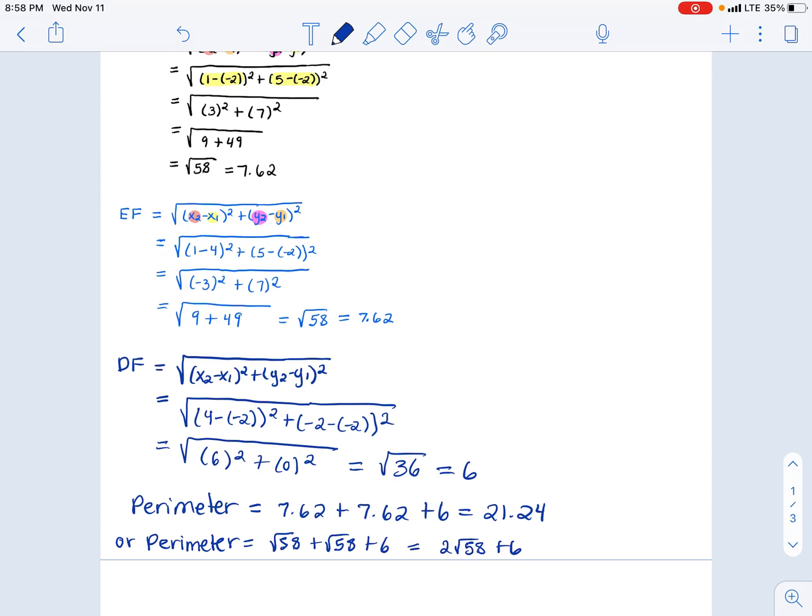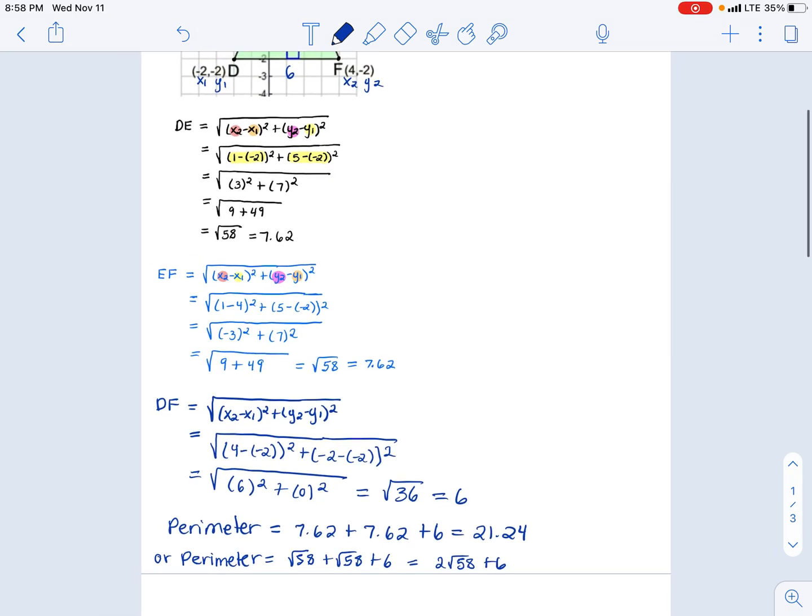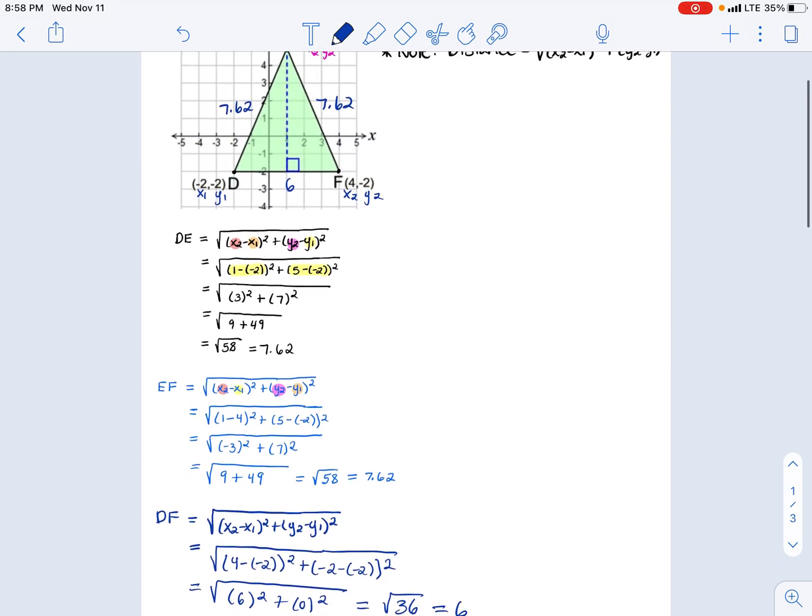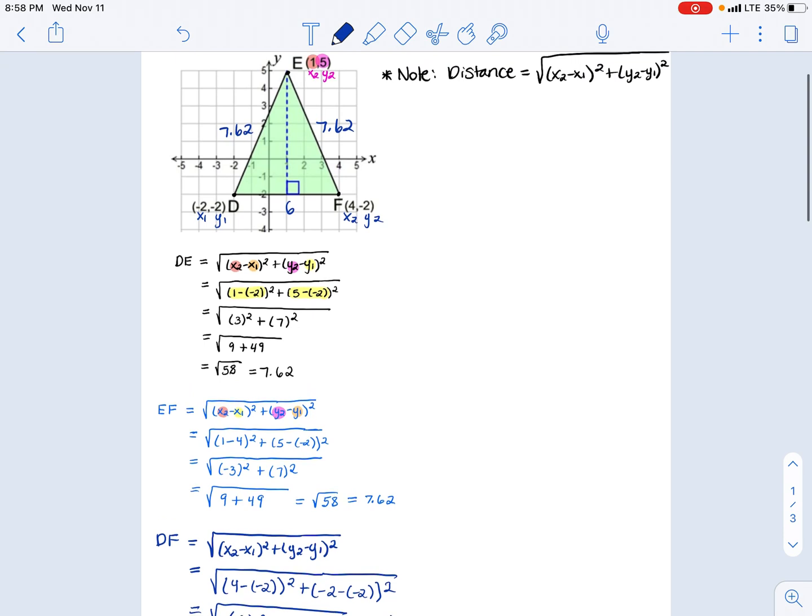But here what I did is I just said, instead of writing the square root of 58 as 7.62, the square root of 58 is my distance, which is equal to 7.62. And the same idea here, where the square root of 58 is equal to 7.62.